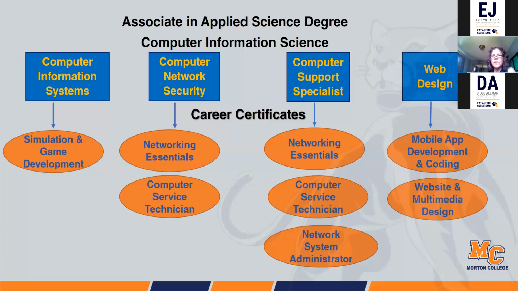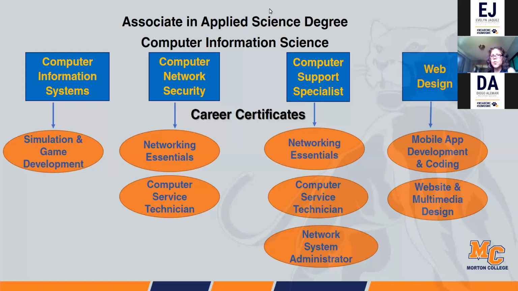And as you take the classes to complete the computer network security degree, you're also going to be completing classes for 2 certificates, the Networking Essentials Certificate and the Computer Service Technician Certificate.